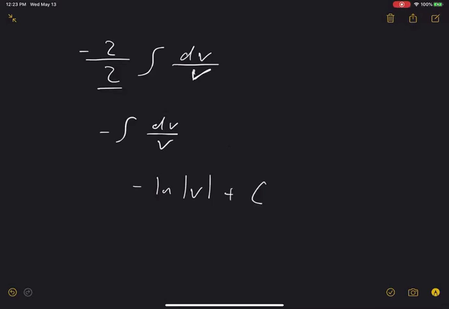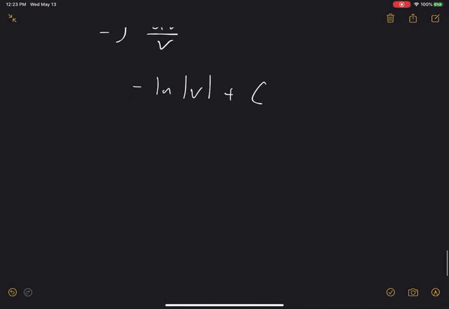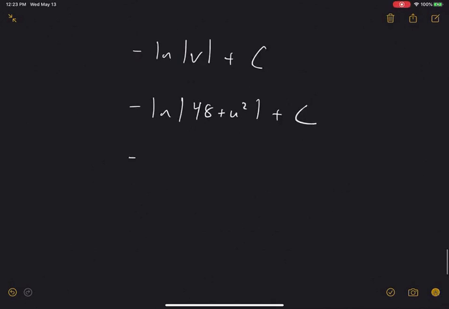Now let's undo my substitutions, both of them. First I had v equal to 48 plus u squared, and then u was equal to cosine of x, I believe.